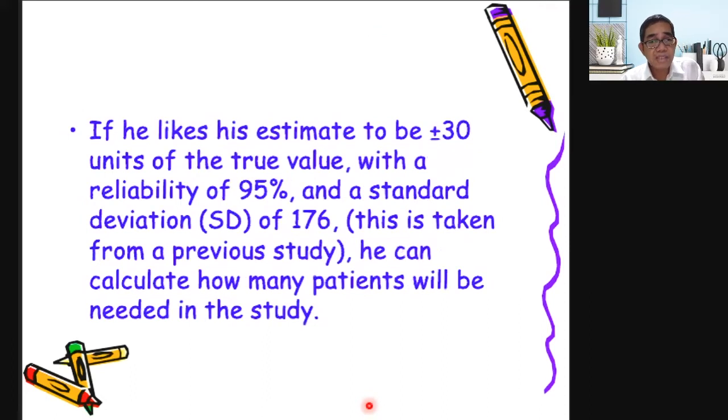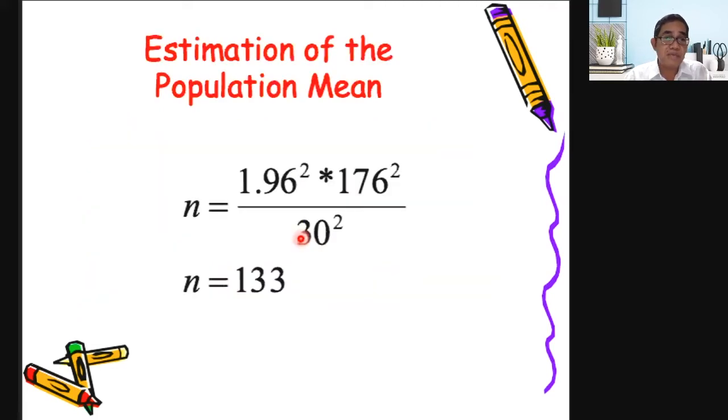If he likes his estimate to be plus or minus 30 units of the true value, this is the maximum allowable error. With a reliability of 95% and a standard deviation of 176 taken from previous studies, he can calculate how many patients will be needed in the study. Using the formula, he will need 133 patients.